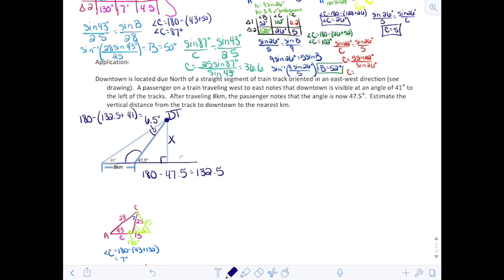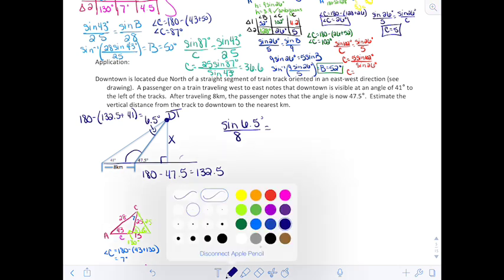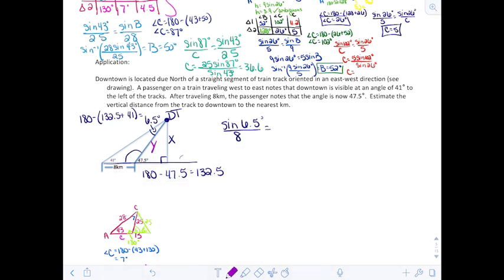So I needed that angle because that's the only side that I have of 8. So I have the sine of 6.5 degrees over 8. Now what I want is this side right here, because this can be a side in the little right triangle, or you could go for the big right triangle, either one.